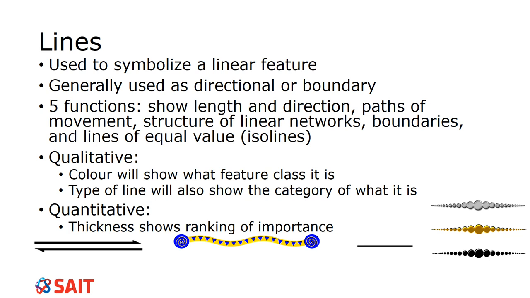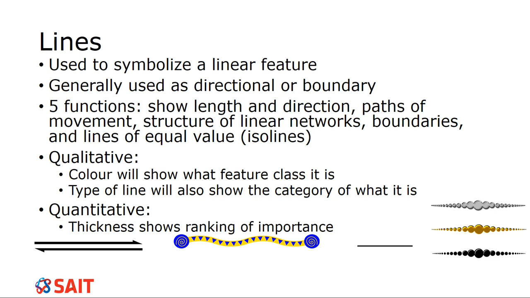Paths of movement. We've seen that every GPS navigation system changes the symbol of the road, so you know which one you're supposed to be on. Structure of linear networks. This is, for example, trying to get an ambulance to a hospital. It will show all the roads, and then it will also change the symbology based on congestion. So then they will take the least congested way to get to the hospital.